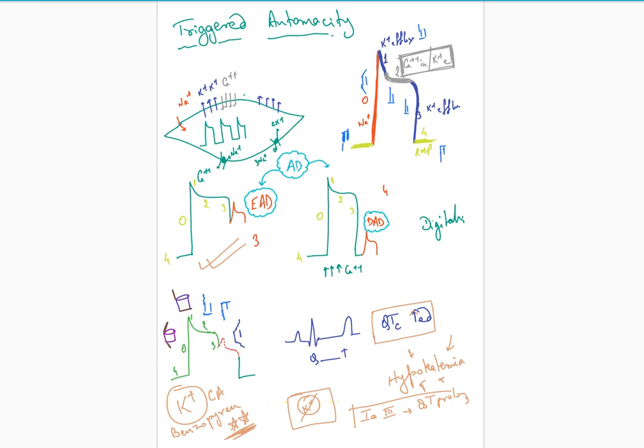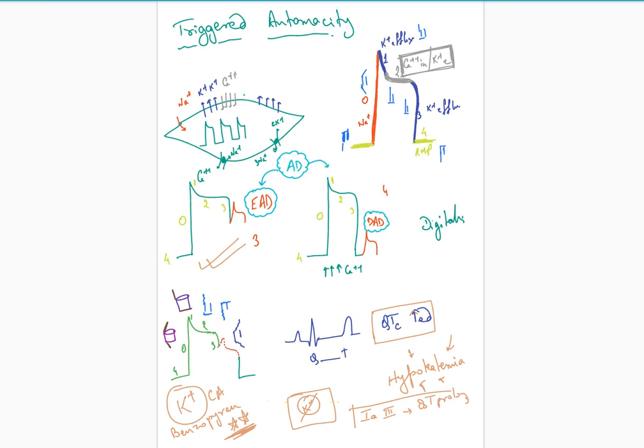In local anesthesia we use lidocaine. Lidocaine is class 1B, but anyway, this is class 1A. We are not going for class 1B. Quinidine and procainamide are class 1A drugs. Then flecainide or propafenone, these are all what?